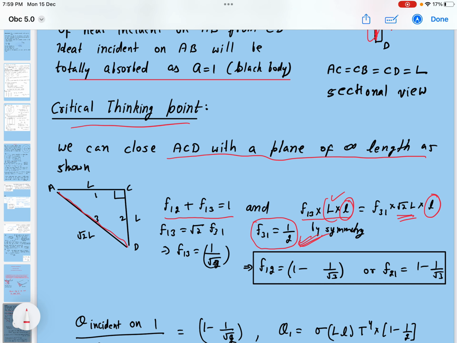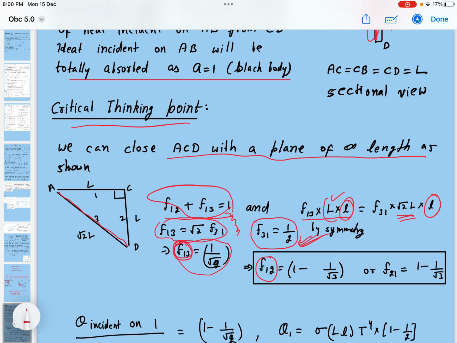Now view factor of 1 on 3, I am getting 1 by root 2. It means that of whatever heat radiation is coming from 1, 1 by root 2 times that will strike 3. Similarly, we can get F12 from this equation.